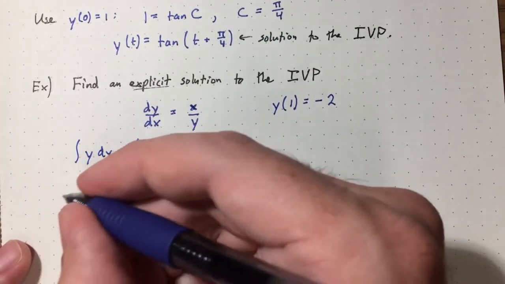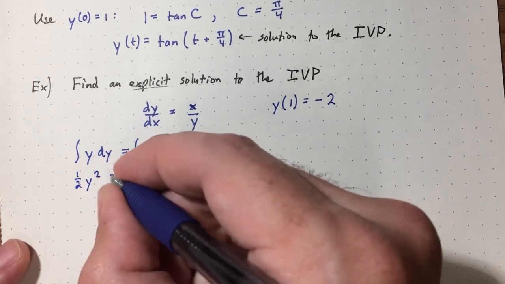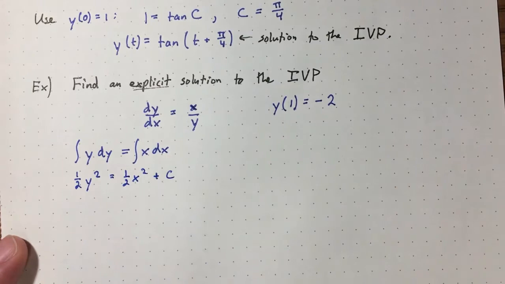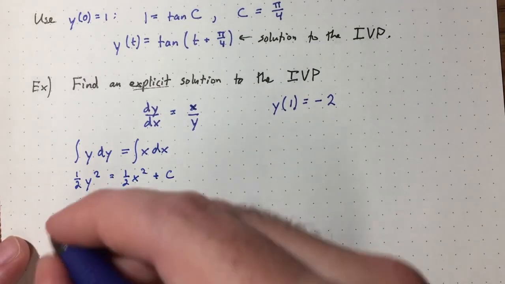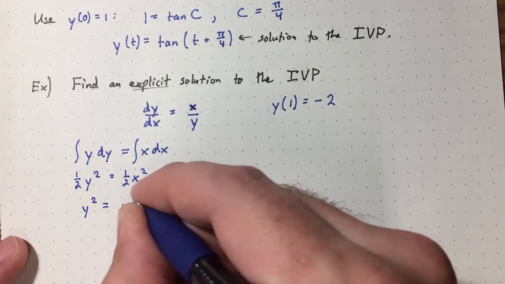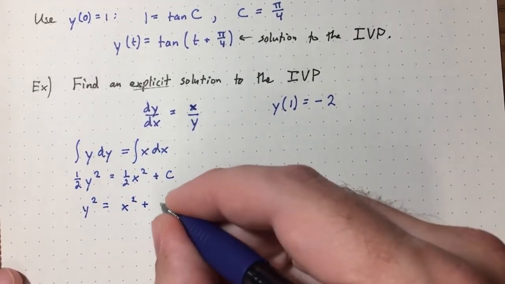And so this will be 1/2 y squared equals 1/2 x squared plus c. We might as well multiply by 2 to get rid of those 1/2s. So we get y squared equals x squared plus, technically I should write 2c, but I'm just going to write c again.